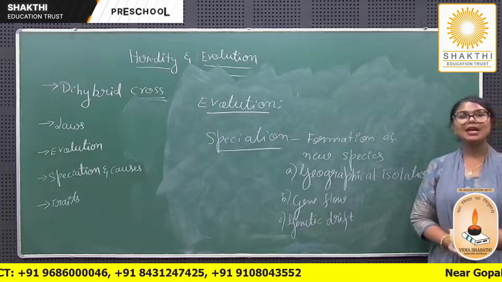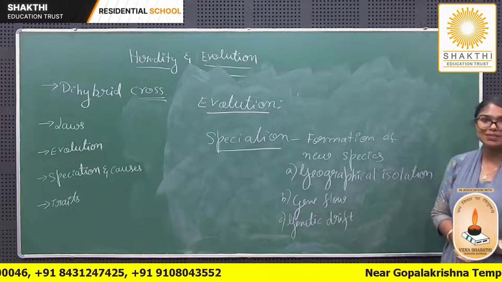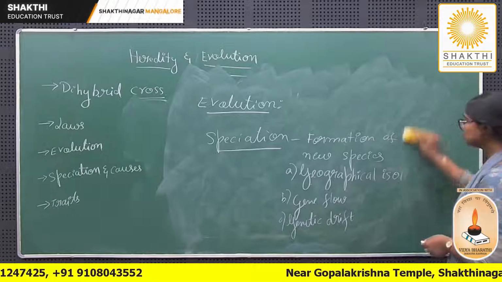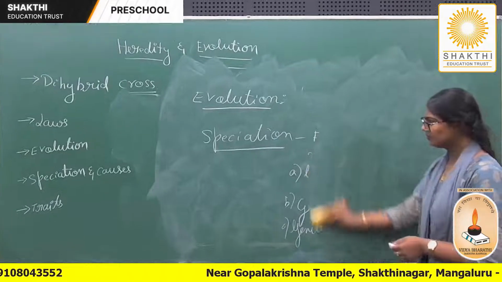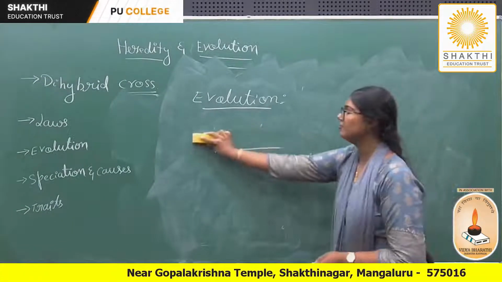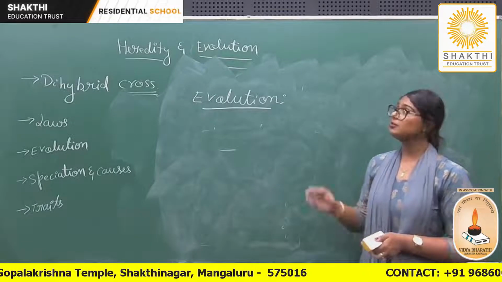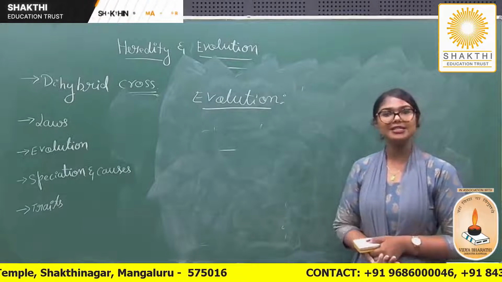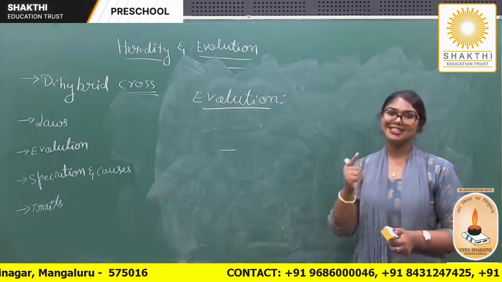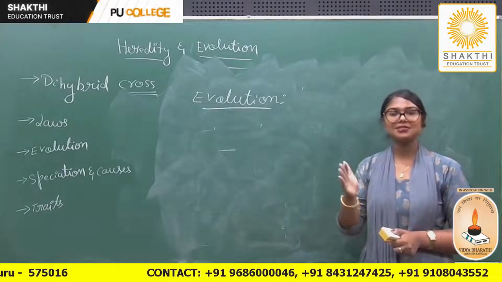Next, we'll go to the last important question from this chapter, that is, what are the 2 different types of traits? Now, you have to be very careful with this, because if the question is from the heredity part, then the 2 traits are dominant and recessive trait. That is totally different.